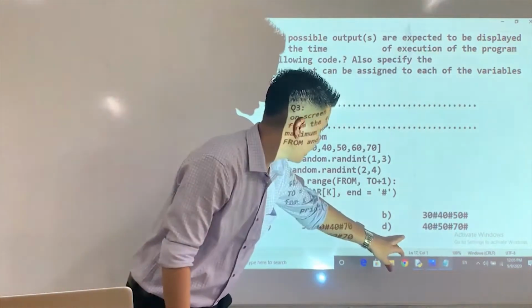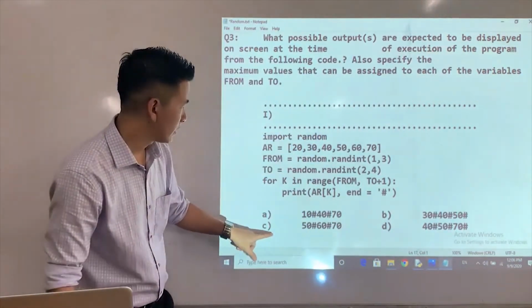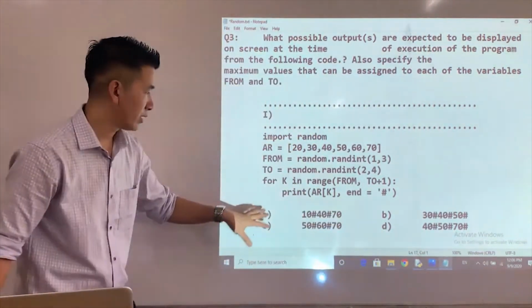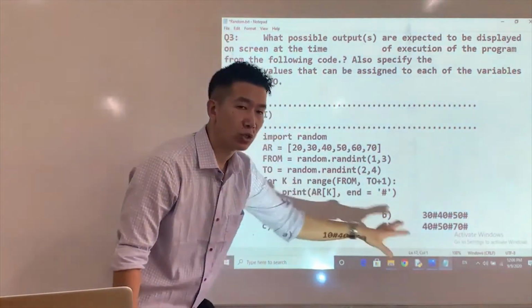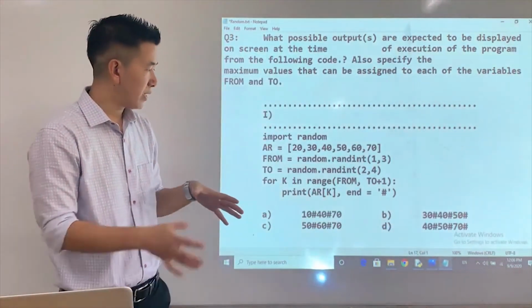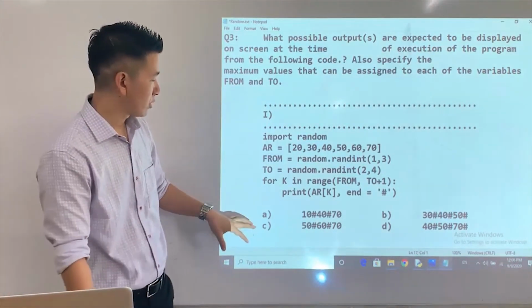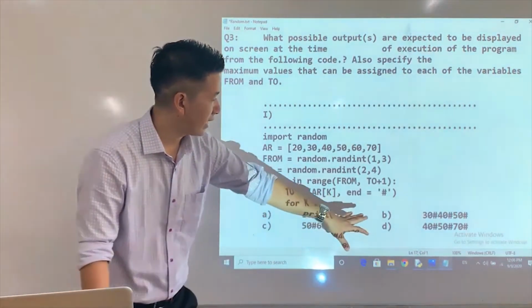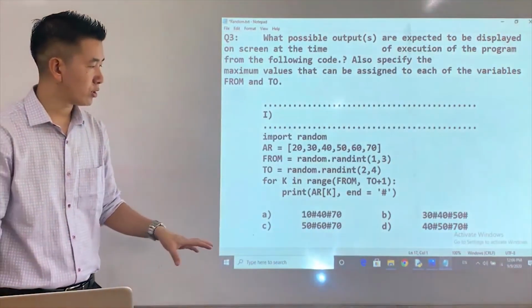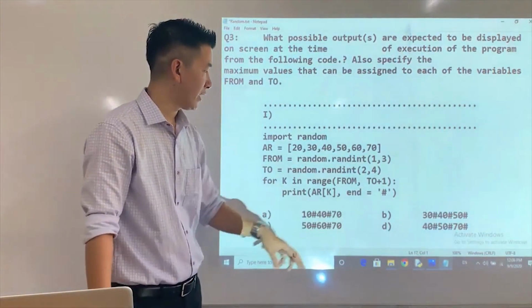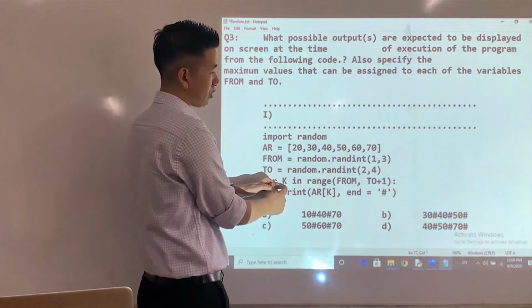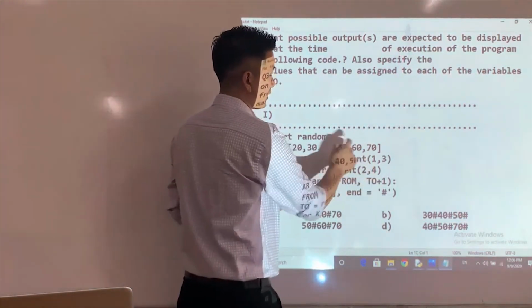A, C, and D, they all have 70 in it. So through this particular method, through this angle, you can say that options like A, C, and D are false options because they have 70 in it, and K will never ever reach the index of 70.